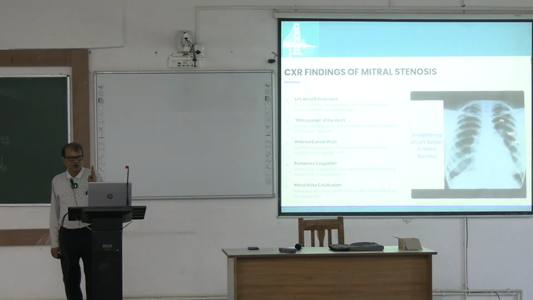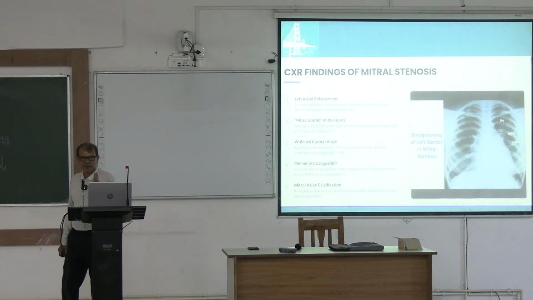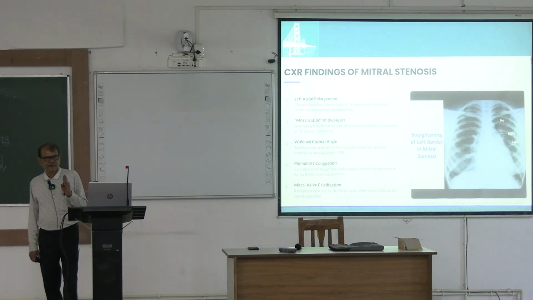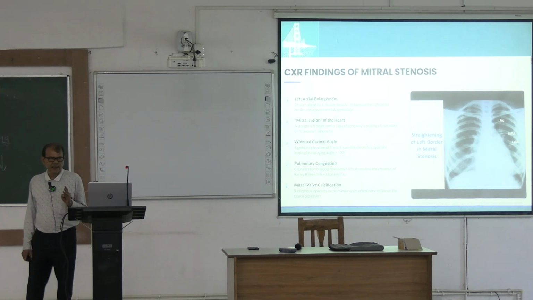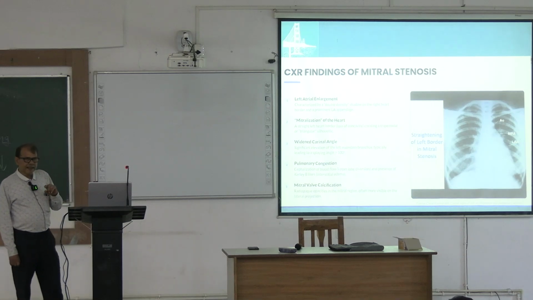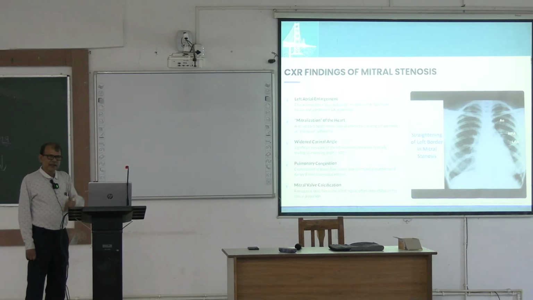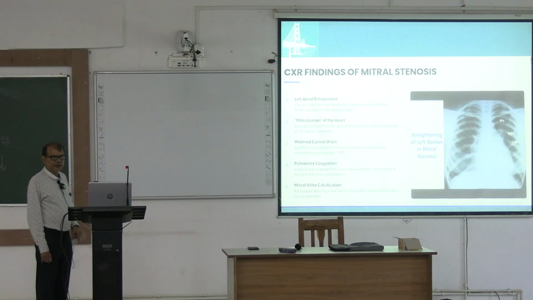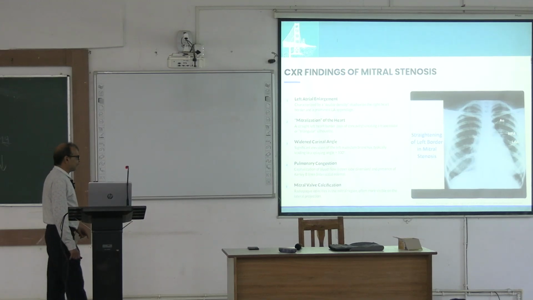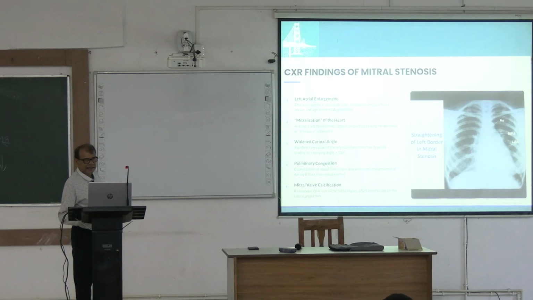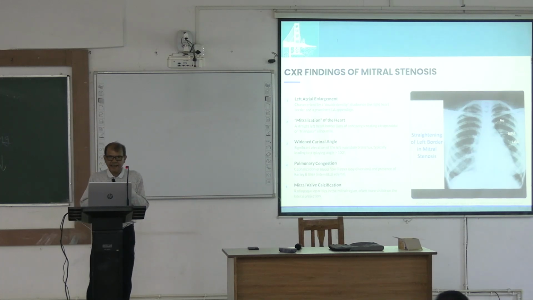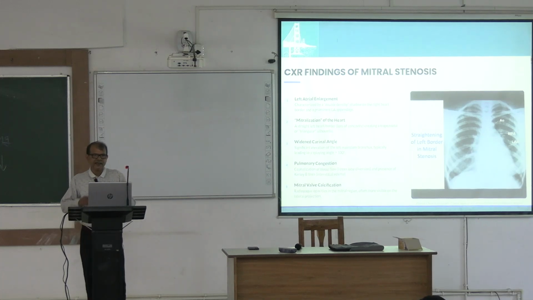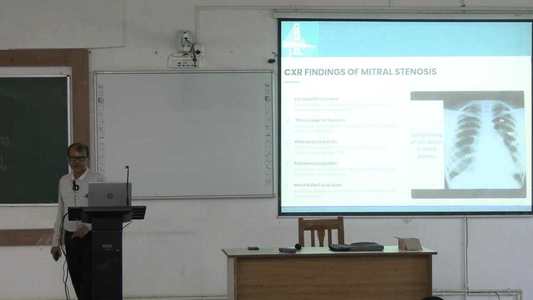First, loss of normal concavity of the pulmonary vein. Second, enlargement of the left atrial appendage. These two together produce straightening of the left heart border, known as mitralization of the heart. Third, widened carinal angle. That means the angle between the two dividing bronchi is increased.